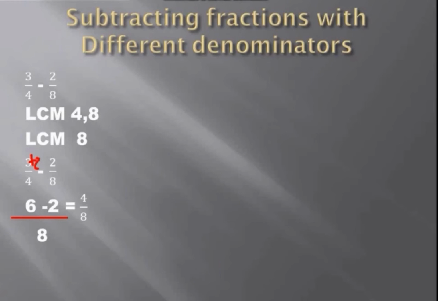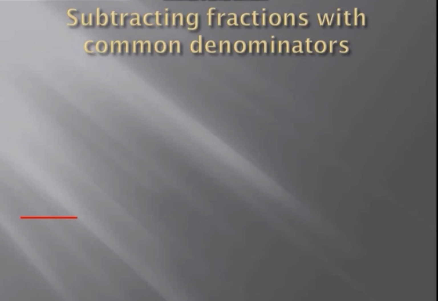You write your minus sign. 8 into 8 goes 1 time. You times the 2 by 1 and you get 2. Therefore, 2 from 6 is equal to 4. And we write back the 8 as the denominator. This can be simplified to a half because 4 into itself goes one time and 4 into 8 goes 2 times.